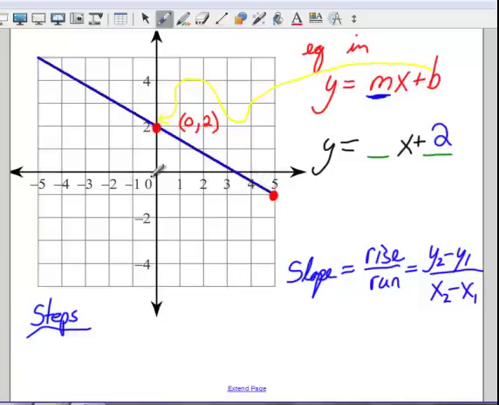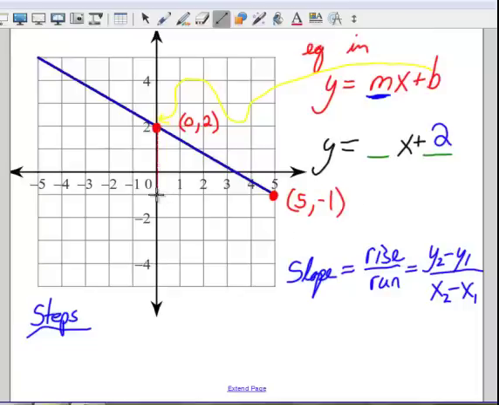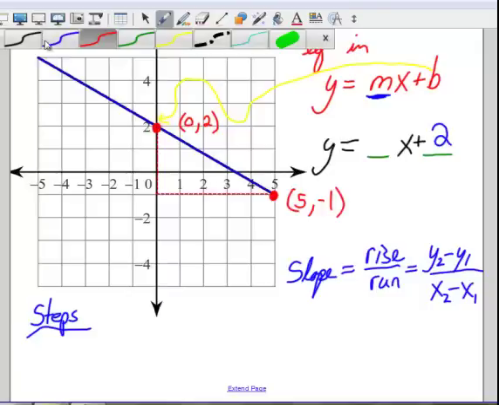So this point, well, we come over 5 and then we rise a negative 1. Okay, now I just have to find out what this slope is. So I'm going to go rise over run. Note that this line is sloping down, so I know my final answer is going to be negative.